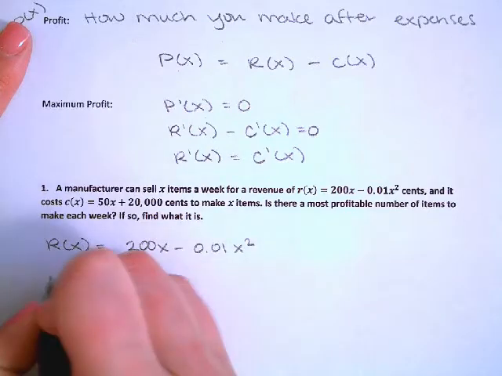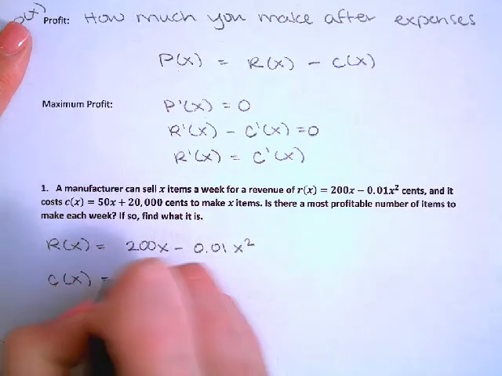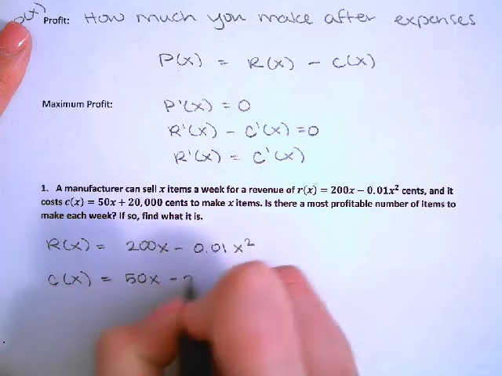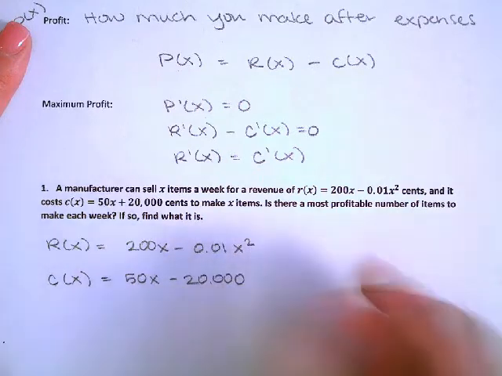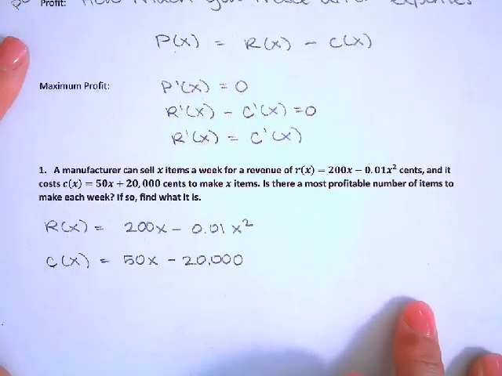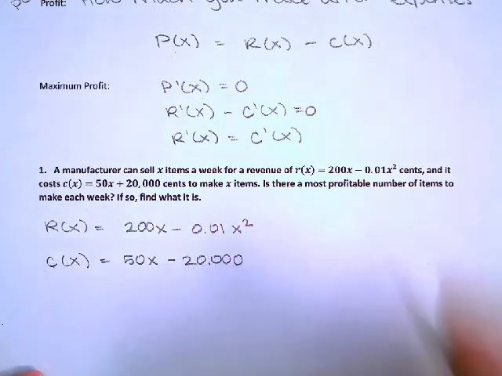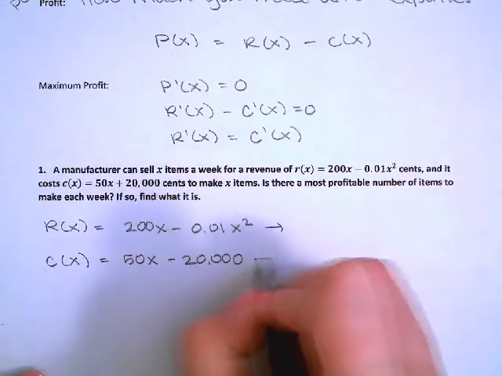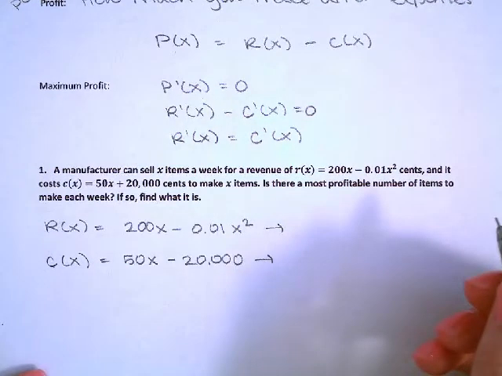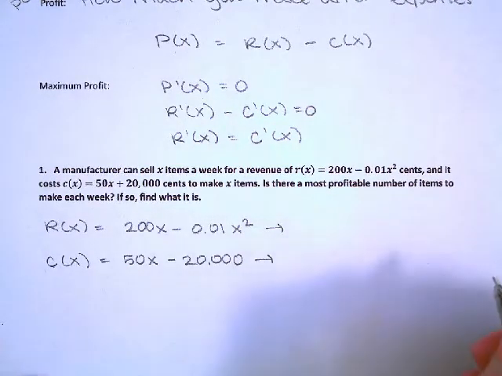All right, cost is 50X plus 20,000. And if we want to find the most profitable number of items, we're going to go ahead and find the derivative of R of X, the derivative of C of X, and we're going to subtract those or set them equal to each other. It doesn't matter.